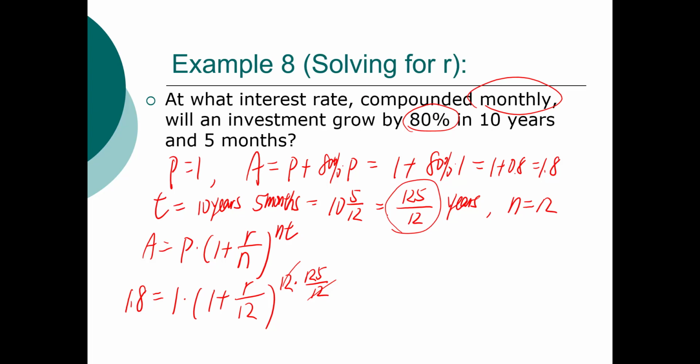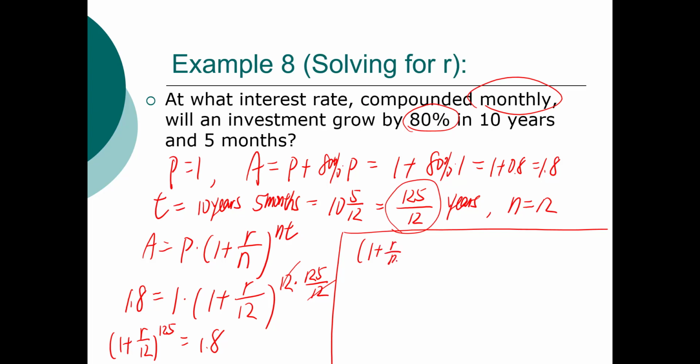So when we get 1.8, let's switch order. So 1 plus r over 12 raised to the 125 power is equal to 1.8. Based on this, we're solving for r. In order to get rid of the exponent here, we're going to take the reciprocal of 125, meaning we raise it to the 1 over 125 power.